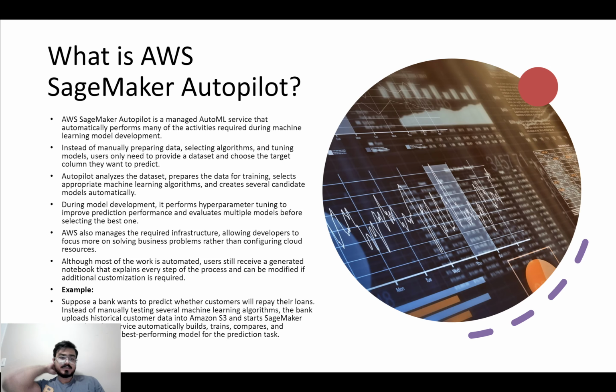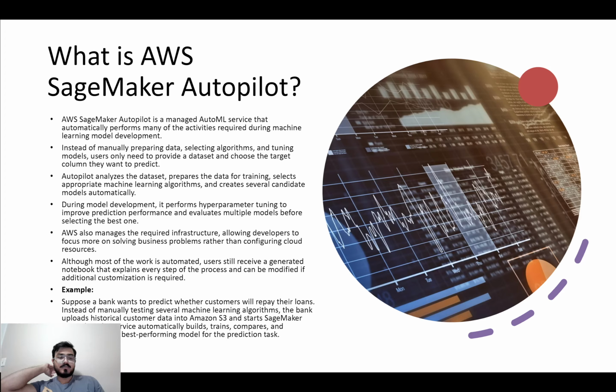Autopilot is a managed AutoML service that automatically performs many of the tasks required to build machine learning models. Instead of manually preparing data, selecting algorithms, and tuning hyperparameters, the user only needs to provide the dataset and choose the target column that the model should predict. After receiving the dataset, Autopilot begins analyzing the data.